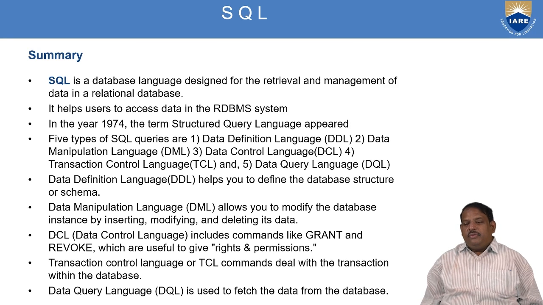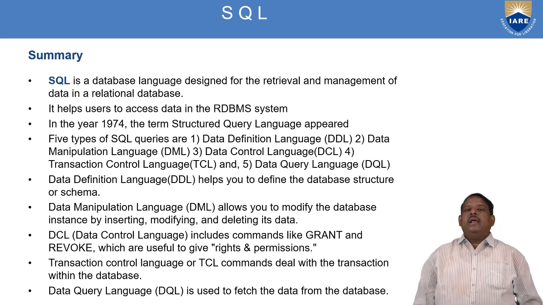In 1974, the term SQL query language appeared for the first time. Then we have five types here: DDL, data definition language; DML, data manipulation language; data control language; transaction control language, TCL; and data query language.